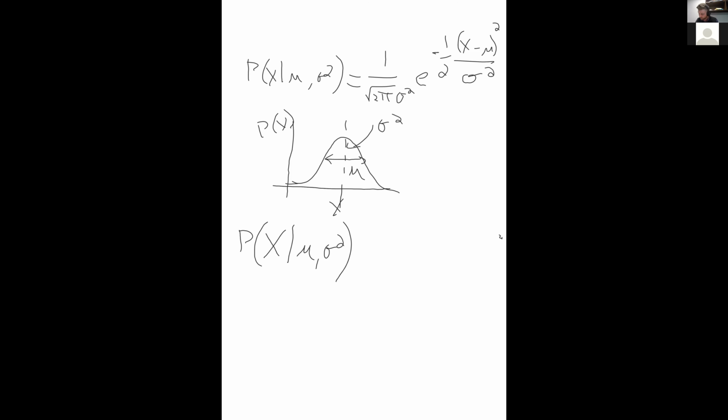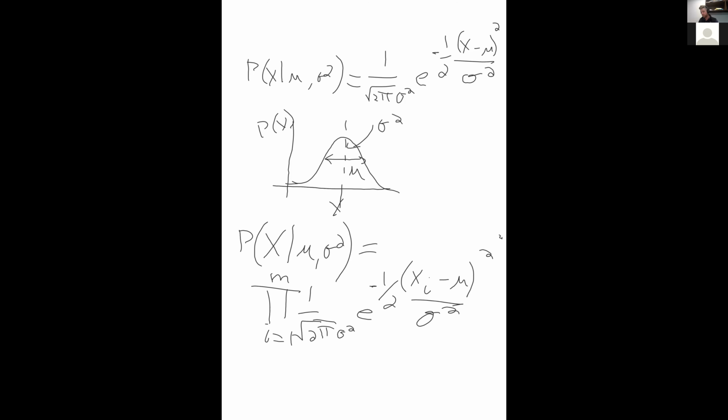Well, that's just going to be equal to the product over all of these observations of 1 over square root 2 pi sigma squared e to the negative 1/2 (xi minus mu) squared over sigma squared.